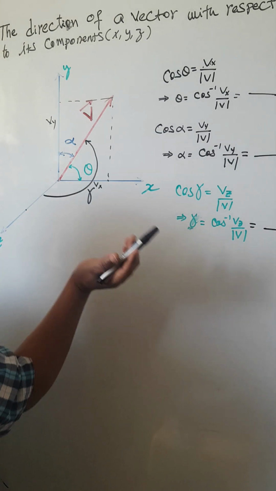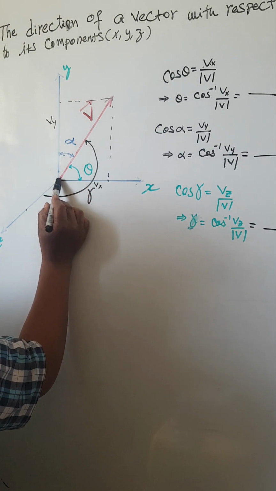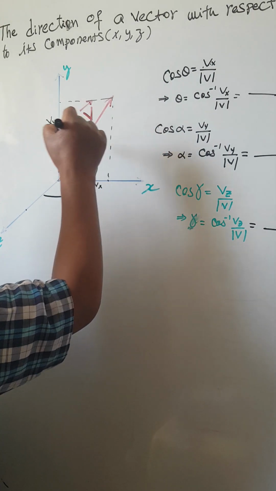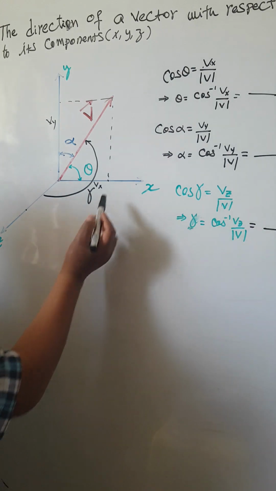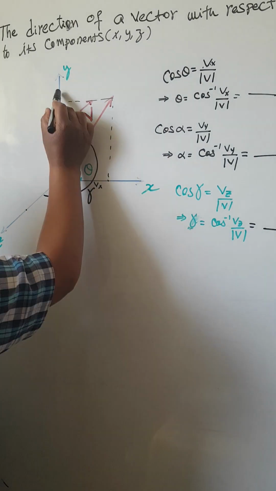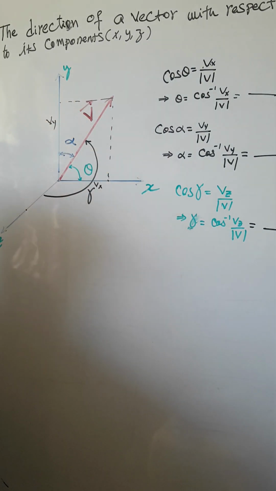Now, just to summarize, since the vector is in space, it's making an angle with the x, the y, and the z-axis.